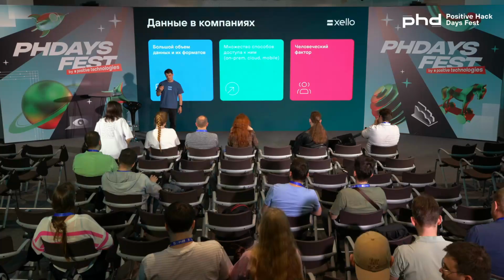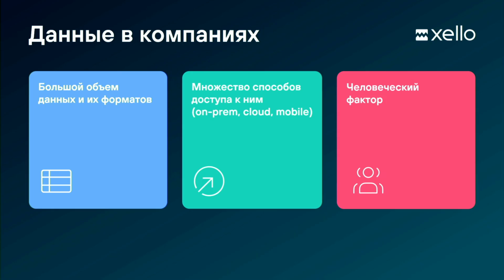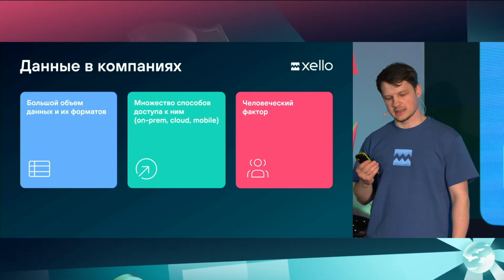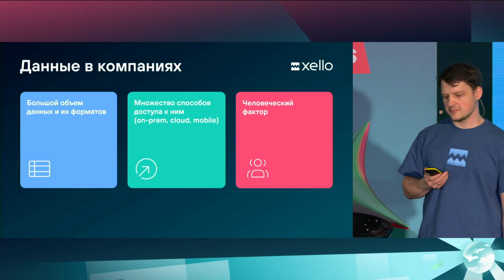Working with different companies, we see some common problems with data security. Although they have different businesses, they all have the same difficulties in providing safety of their data storage. There are three main problems.